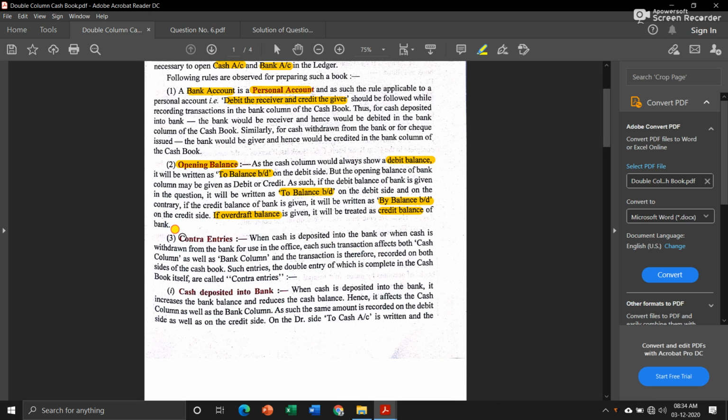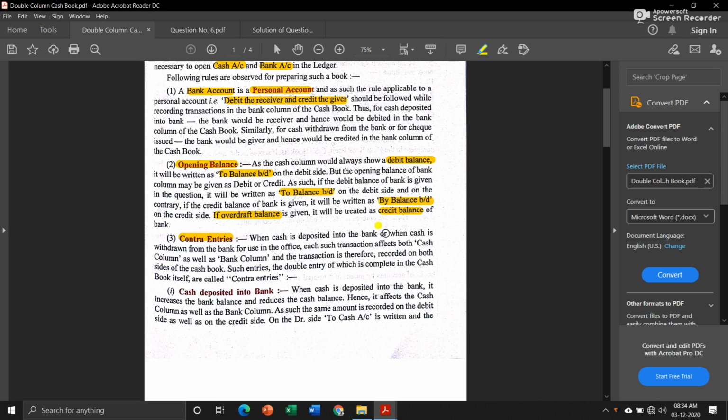Now the third rule is regarding contra entries. What is a contra entry? Any transaction which involves cash as well as bank in the same transaction is a contra entry.